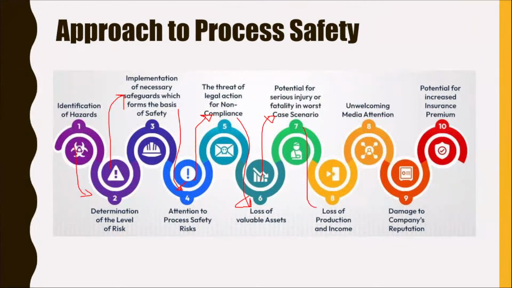After an injury, property damage or any kind of accident, there will be loss of production and income. There won't be people working because of the accident, and there will be less revenue for the company or the workplace.